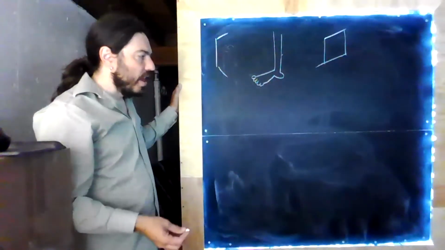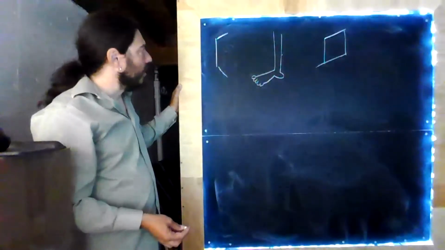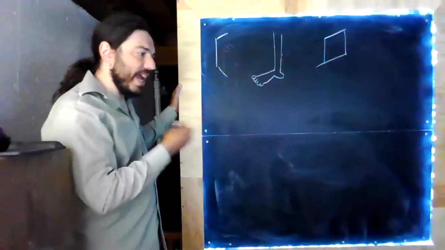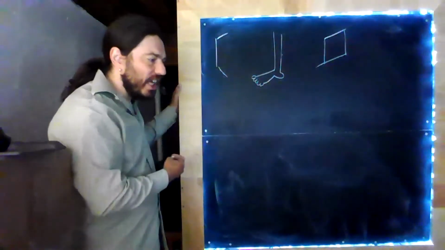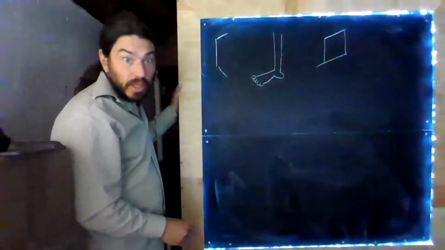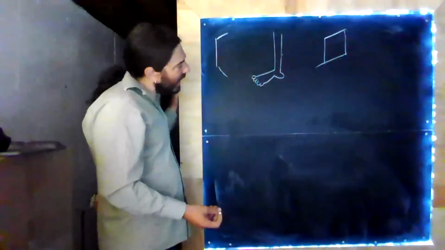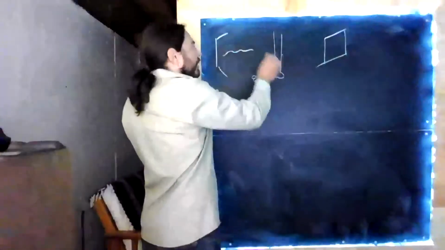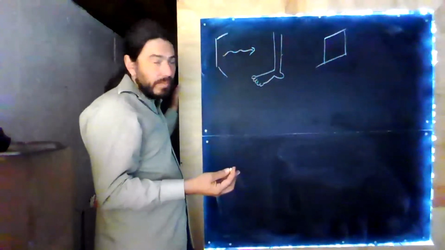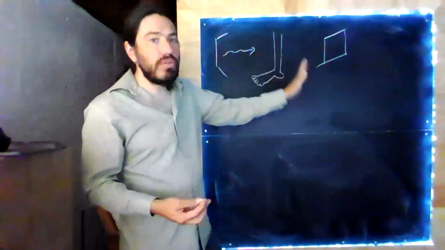X-rays turn out to be produced by rapidly accelerating electrons. So you need some sort of a fast-moving electron, and then you stop it really quick, and it will emit an X-ray. At any rate, these X-rays come through here, and instead of bouncing off of the object and into some film, they actually pass through the object.